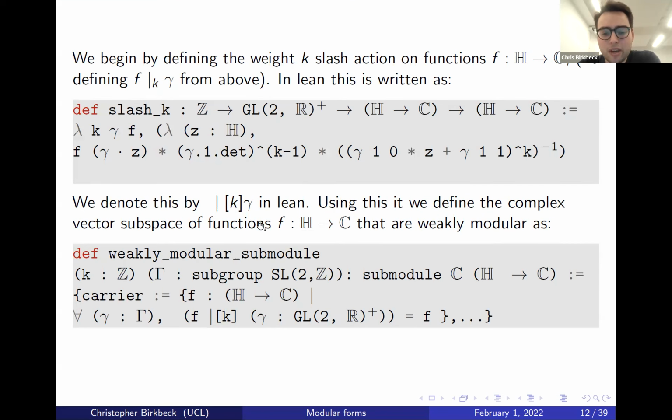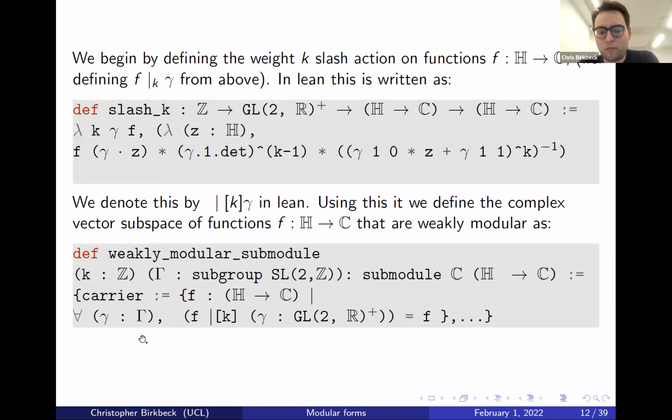And then using this, we can define the vector subspace of functions which are weakly modular. In Lean, you can define submodules using this structure system. So you have a module which you want to think of as your parent module, and you want to construct a submodule of this. So you're just required to give what the subset is. So I want the functions from the upper half plane to C such that they satisfy some condition.